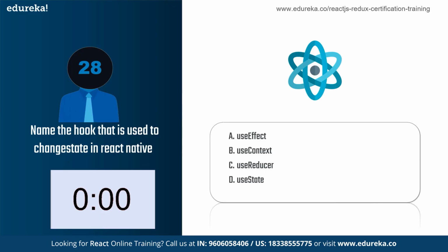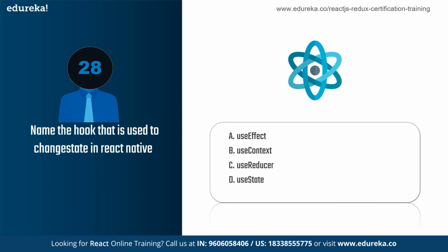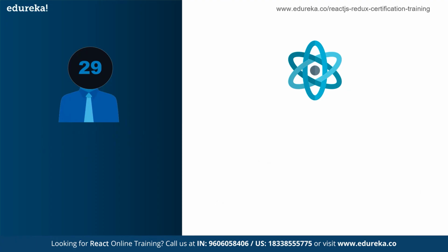Time's up. The answer for this is use state. So if we want to change the state, obviously we will use the state to change it for modifications or any alterations. Let's move on to the next question.